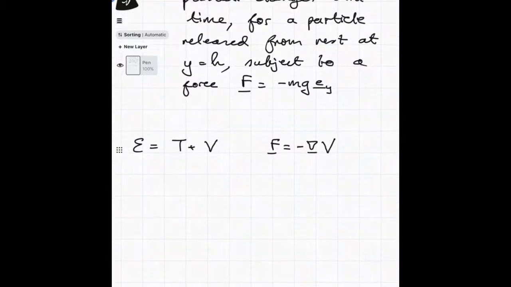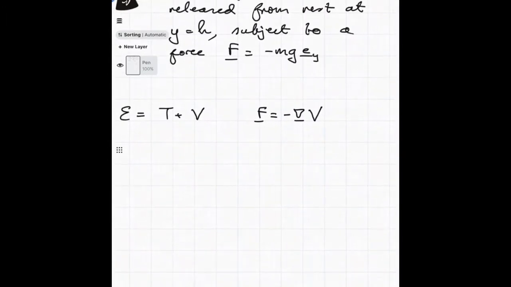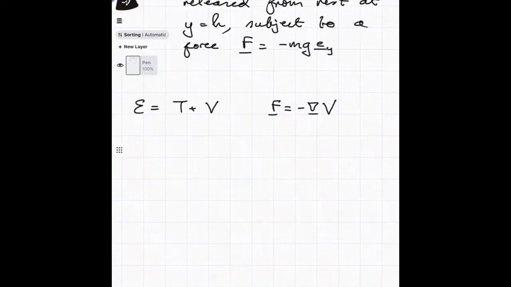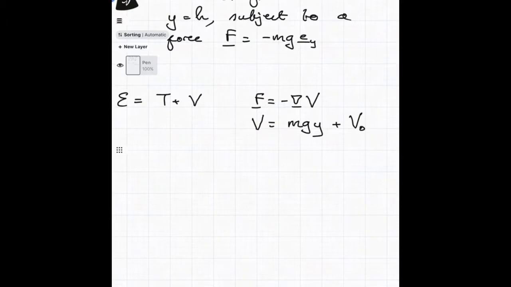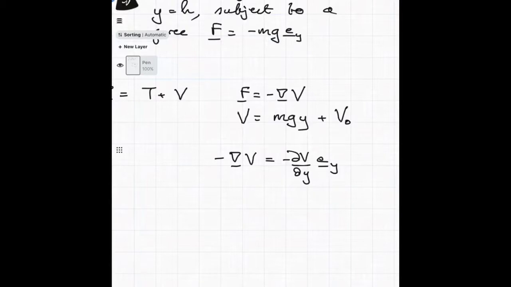Okay, so F is minus mg, and we've seen this in class already, but I'm going to go straight to an ansatz, which will turn out to be correct. If we say that the potential is mgy plus some constant V0, then if we take minus grad V, it's going to be minus dV by dy in the y direction, because there is nothing happening in the x or the z direction, so you could include them if you wanted to, but we're just going to set them equal to 0.